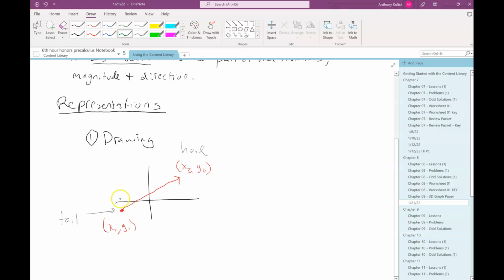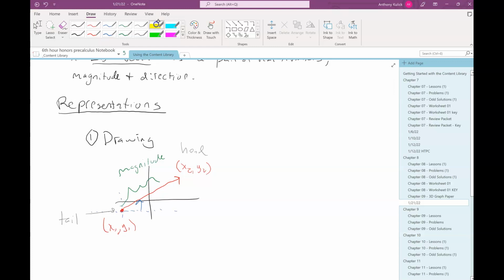In a drawing, the length of the vector represents the magnitude, and the direction of our vector, in this kind of case, we would typically describe as a standard position angle. So we draw an imaginary XY axis at the tail, and then describe the direction with our standard form angle like we did in the first semester.